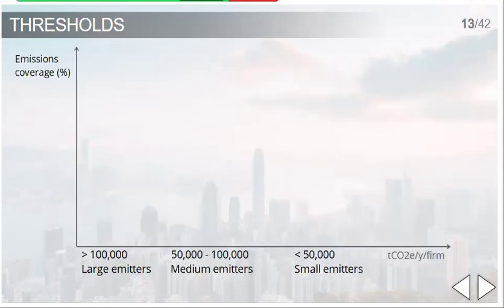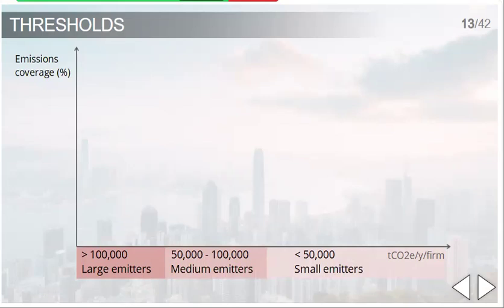This graph of a hypothetical jurisdiction depicts the emissions associated with large, medium and small emitters, defined respectively as firms with more than 100,000, 50,000 to 100,000 and less than 50,000 annual tonnes of CO2 equivalent emissions.